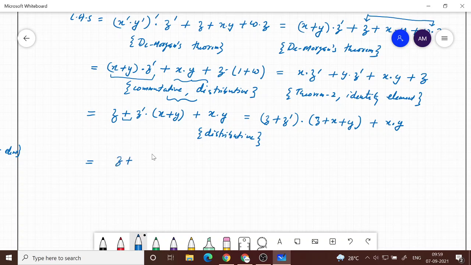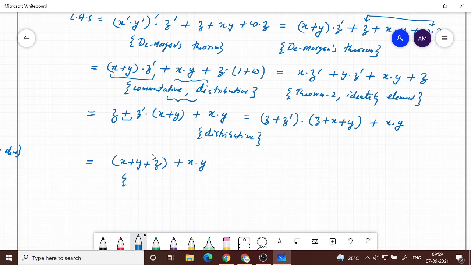So let me just write it as x plus y plus z. So dot 1, so that I am putting it. Multiple things I am doing here.